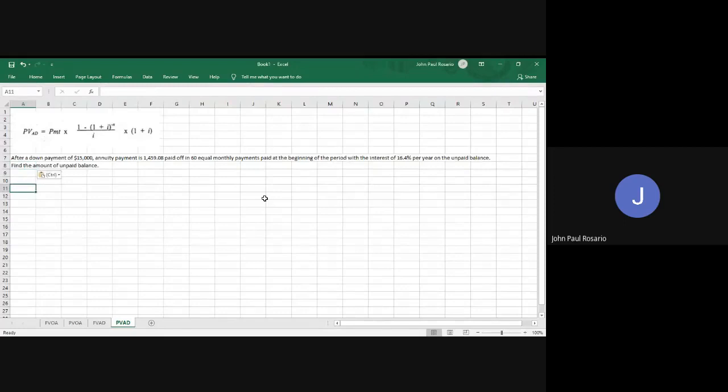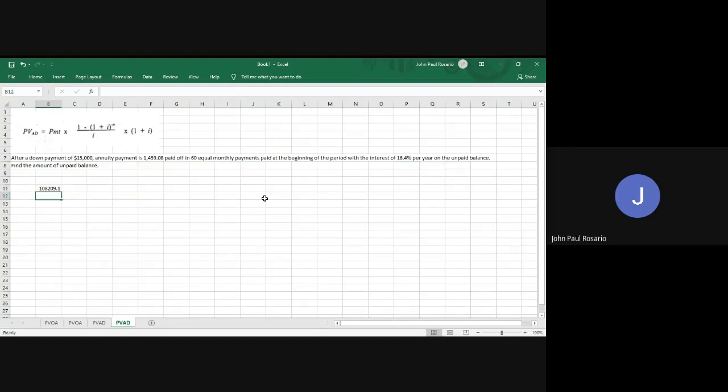So using our formula, our payment is 1,459.08 times 1 minus 1 plus 0.164 over 12, raised to the power of negative 60, over 0.164 over 12, times 1 plus 0.164 over 12.